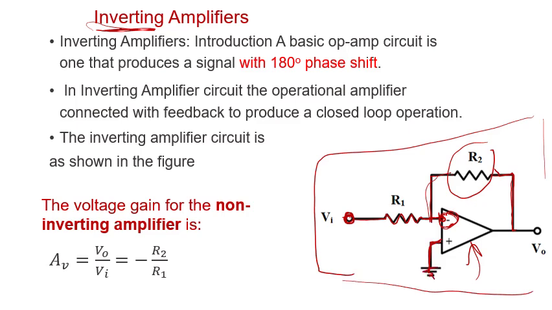Now, why are we calling it inverting again? Because the input has a certain sign and the output will have a different sign. The input and output are shifted by 180 degrees.